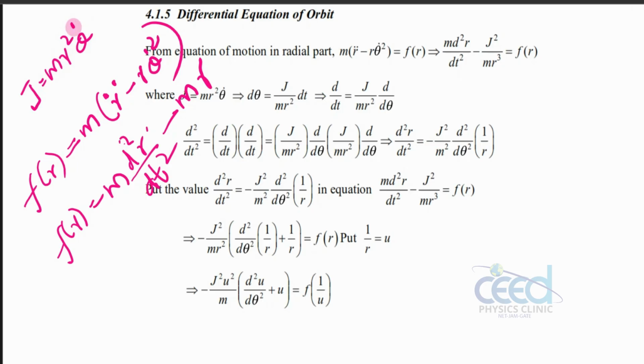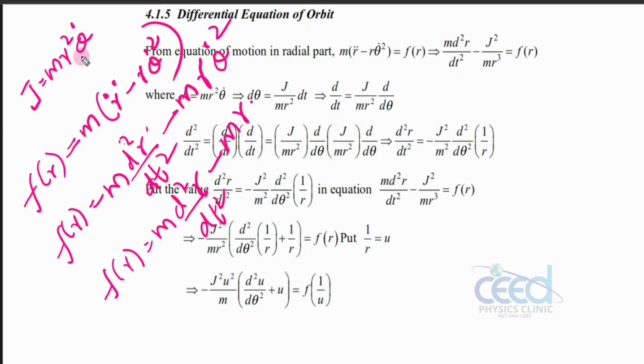So first of all I am writing this is mr theta dot square. Now f of r is equal to m into d square r by dt square minus mr into theta dot, where I am writing J by mr square. What is theta dot here? J by mr square.